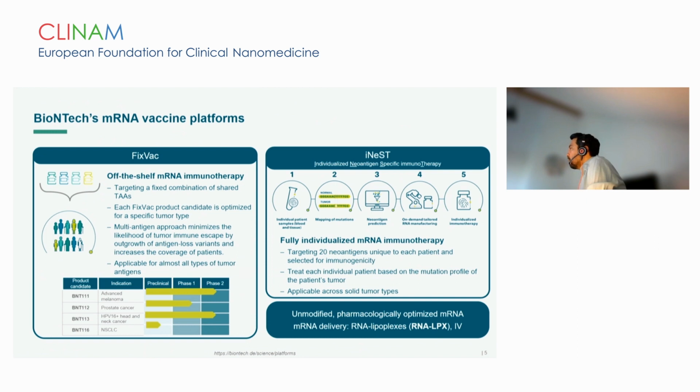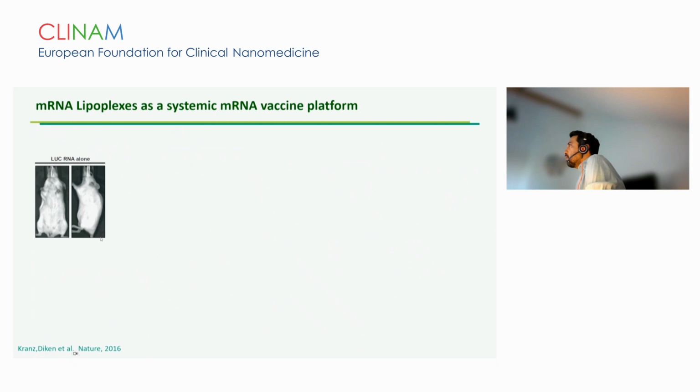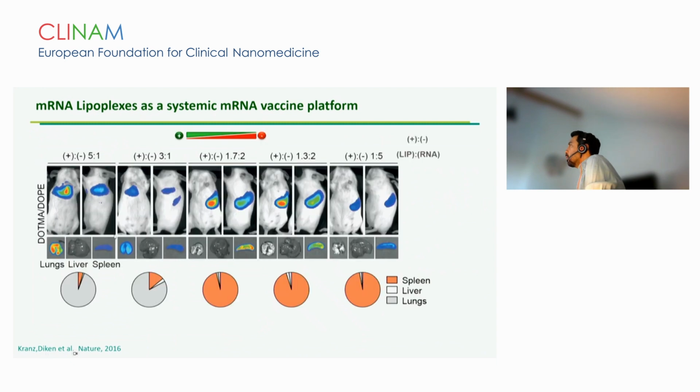So for this we are using, as I mentioned, RNA lipoplexes. And what are mRNA lipoplexes? These are nanoparticles 200 to 300 nanometers in diameter, and we formed them by complexing RNA with cationic liposomes. When you immunize mice with luciferase encoding RNA in a naked format intravenously, you don't get any luciferase signal. But when you complex it with these cationic liposomes at different ratios, you have an interesting biodistribution.